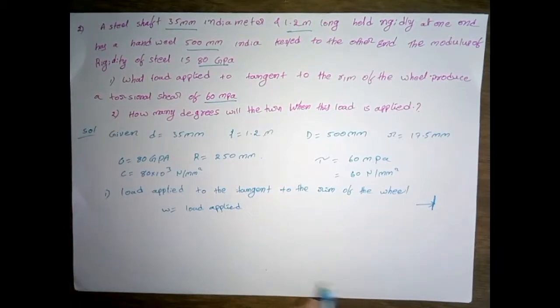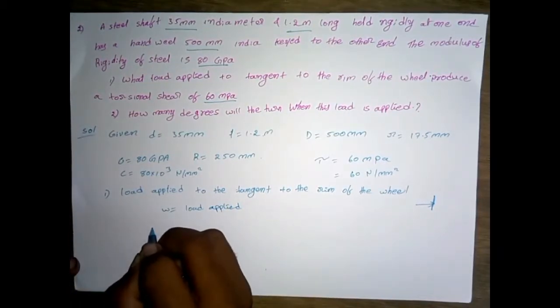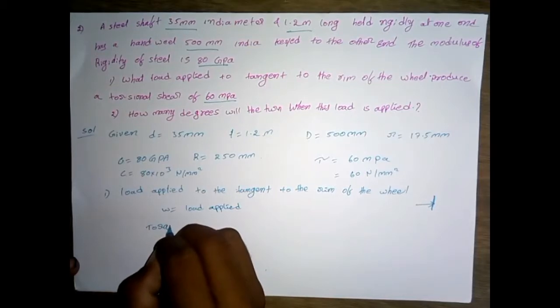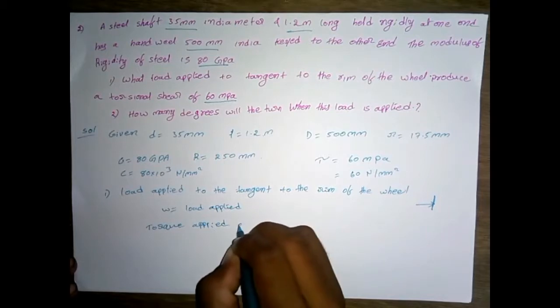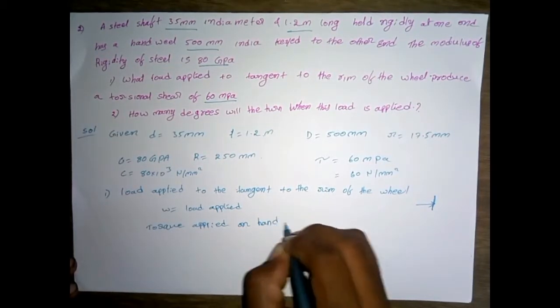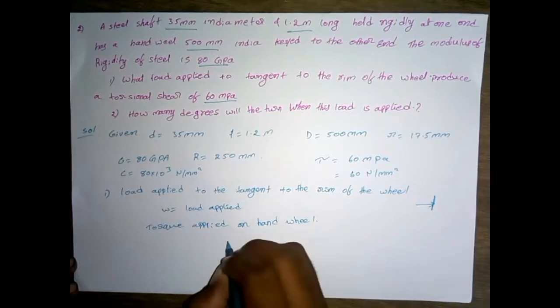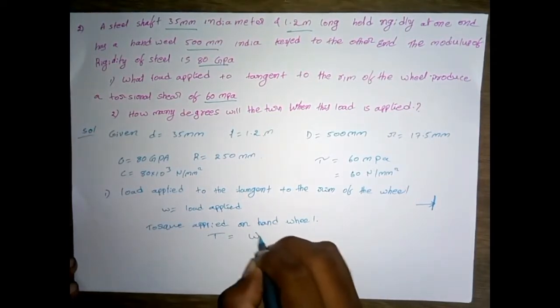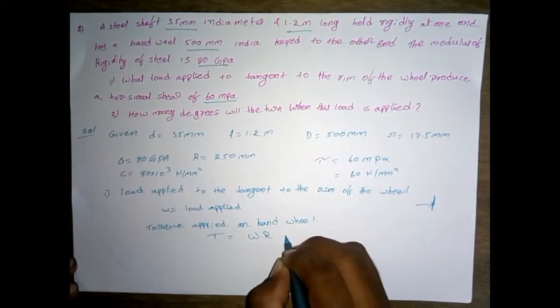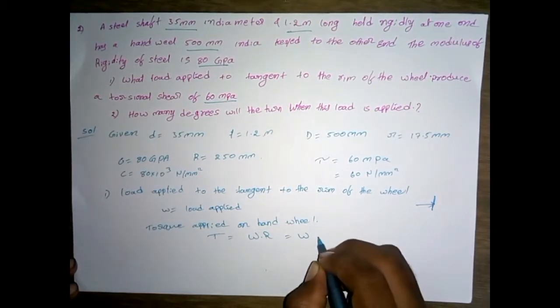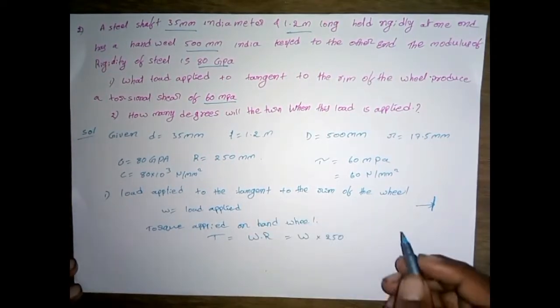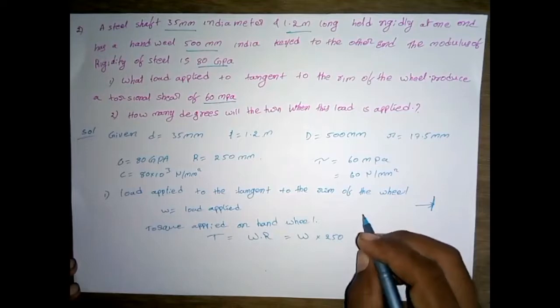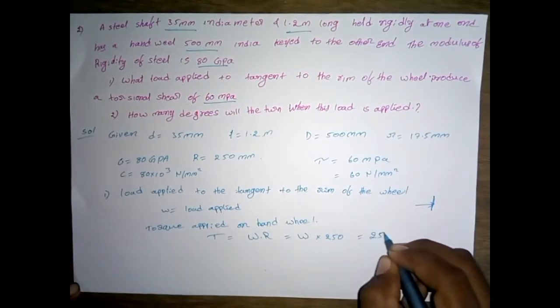We know the torque applied on the hand wheel, that is T is equal to capital W times capital R. We don't know the W value, but we know the capital R value, the radius of the hand wheel, it is 250. So T is 250 into W Newton mm.